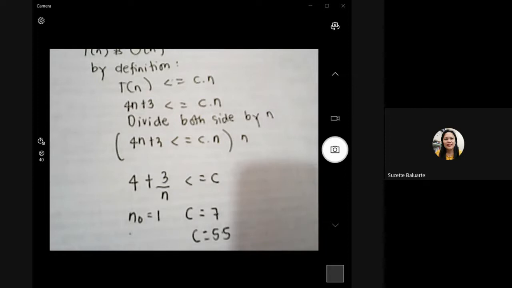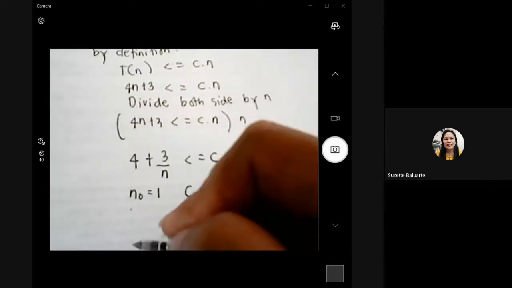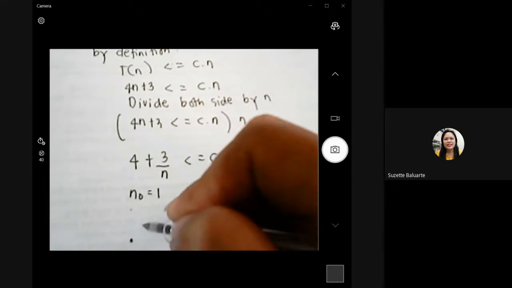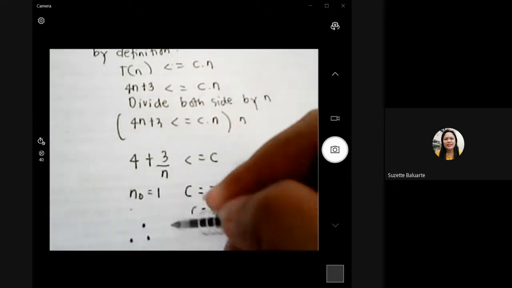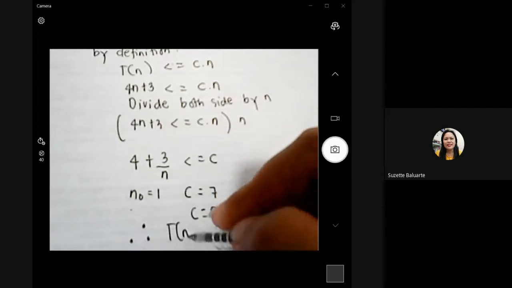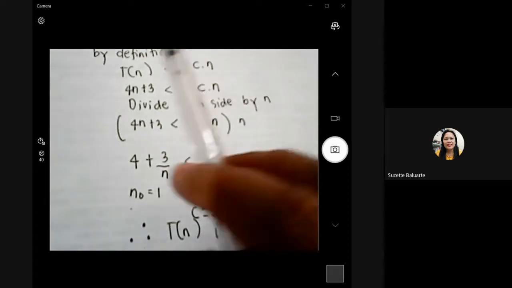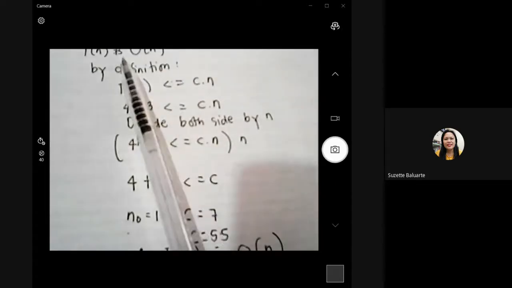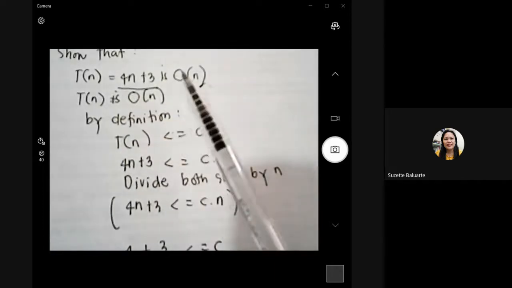That is big O. Therefore, your T of n is big O of n, or you will say 4n plus 3 is big O of n.